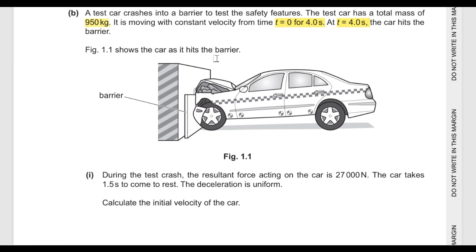Figure 1.1 shows the car as it hits the barrier. So there is a car which is coming to this barrier and they are going to have a collision between them. During the test crash, the resultant force acting on the car is 27,000 newtons and the car takes 1.5 seconds to come to rest. The deceleration is uniform. Calculate the initial velocity of the car.